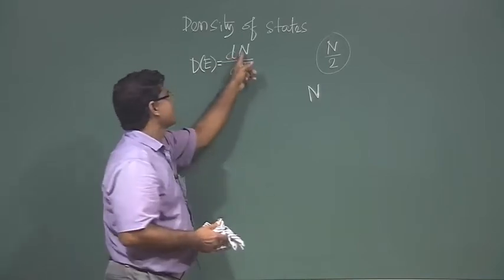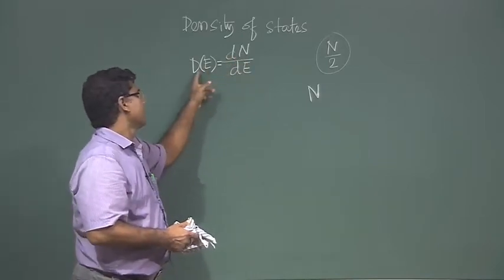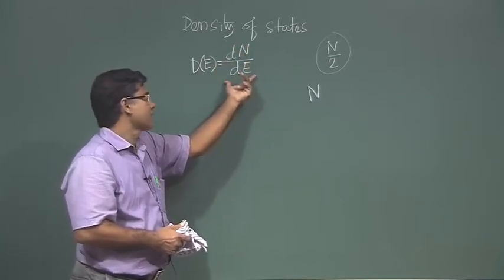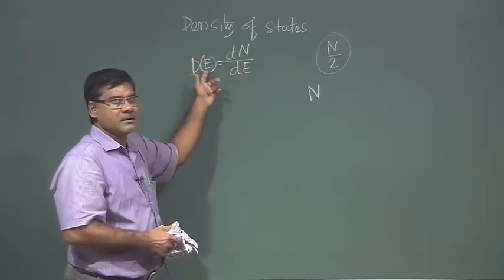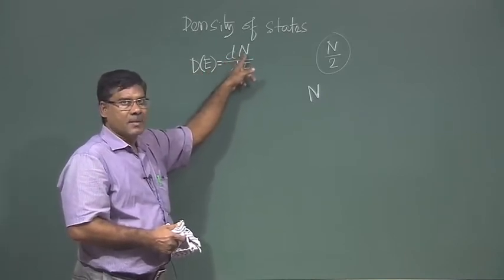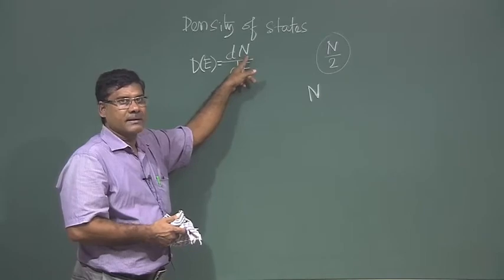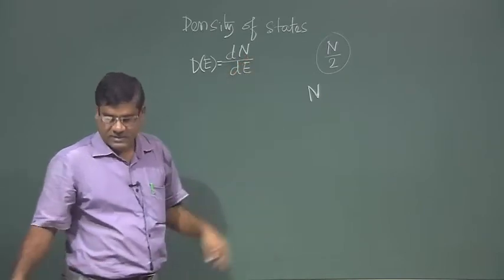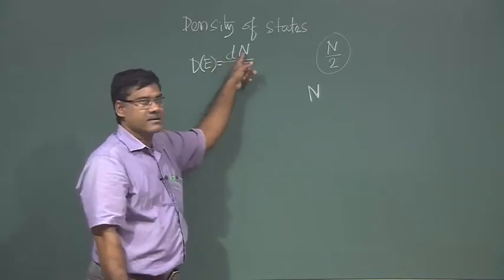In that sense, the number of states per unit energy is the density of states. That is why we have taken the number of orbitals, n. Again, we will not consider 2 electrons in each state.